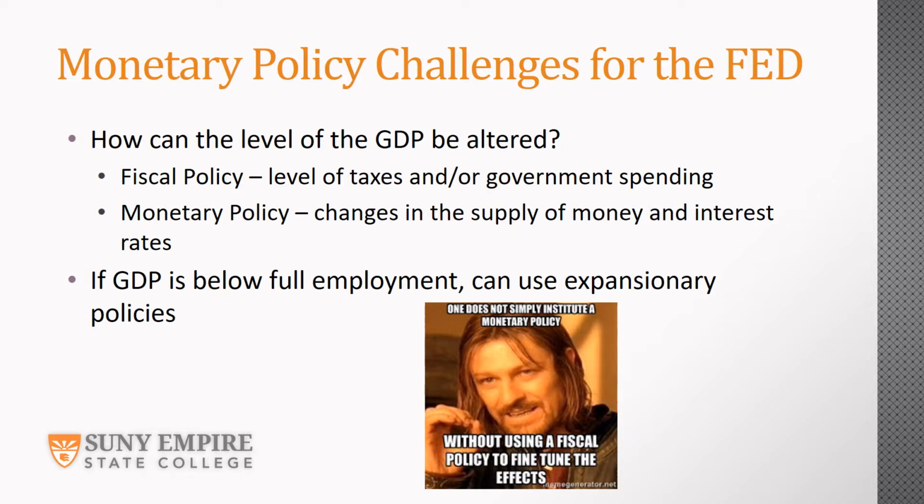The Federal Reserve conducts monetary policy, which changes the supply of money and indirectly changes interest rates. If the gross domestic product is below full levels of employment, the government and the Fed can work together to create expansionary policies to stimulate the economy.